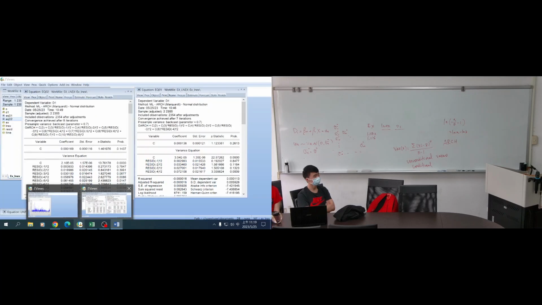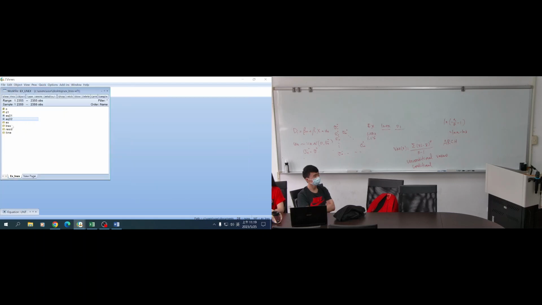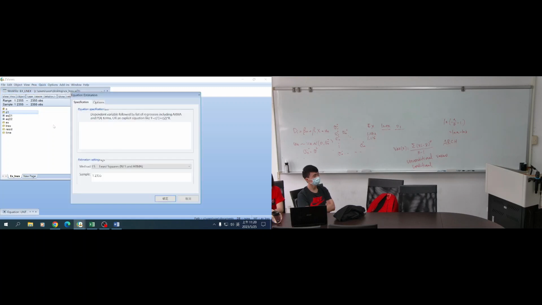So look at this one. Let me go back to here. I have to save this as equation 2 and equation 3. Then I will do this one, and I use the quick estimate equation.